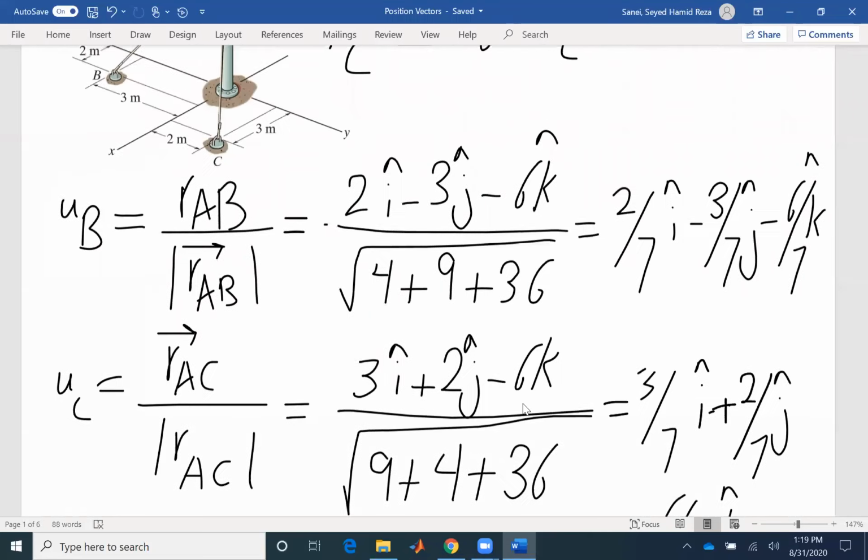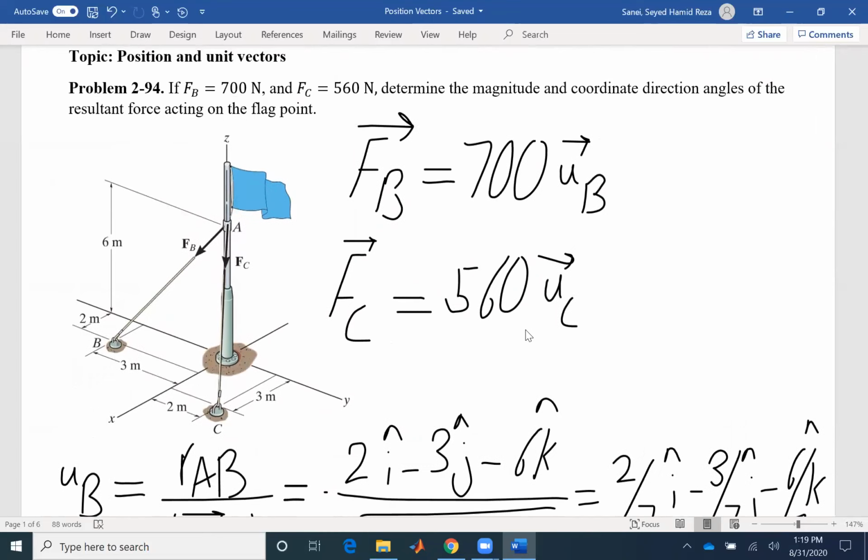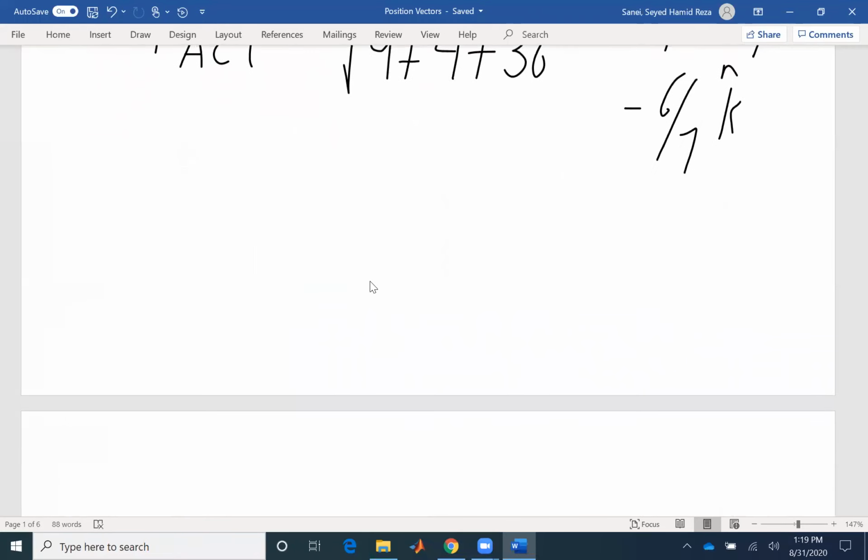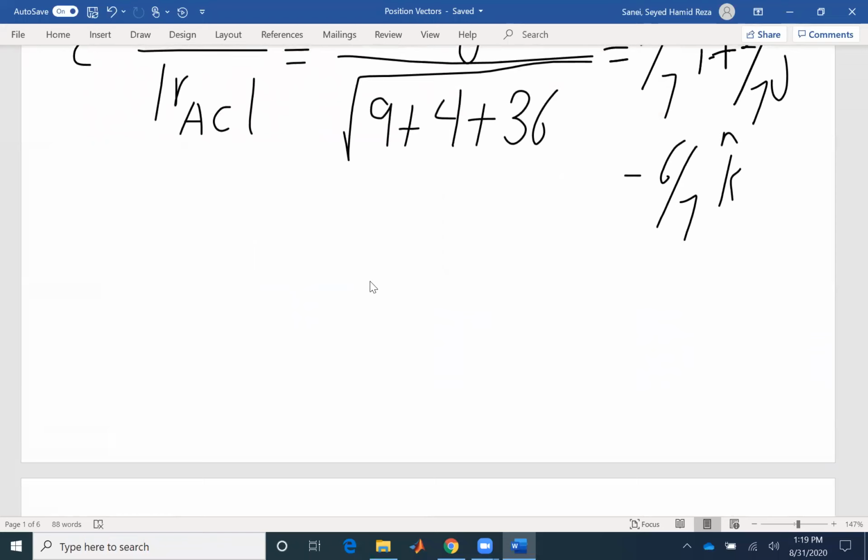Okay, that's the unit vector for B and C. So why did we find the unit vector? Because we wanted to multiply by the magnitude and find these two forces in Cartesian form. Because if they are in Cartesian form, then we could simply add them together. Now I can tell that FB is 700, the magnitude. Now I want to change it to the direction.